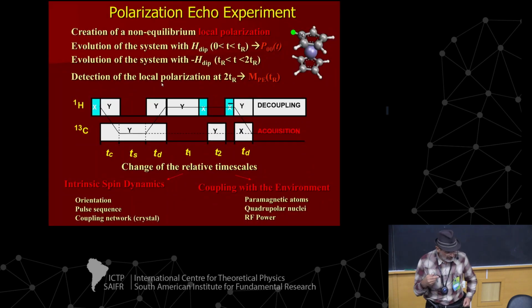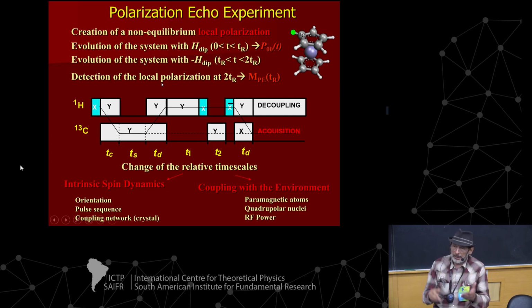So what essentially is at stake in this experiment? Essentially, it is the creation of a non-equilibrium local polarization, the evolution of a system with typically a dipolar Hamiltonian for a time. Then we do a time reversal evolution with minus the Hamiltonian. Why is that? Because the Hamiltonian is a dipolar Hamiltonian. And what is a dipolar Hamiltonian?